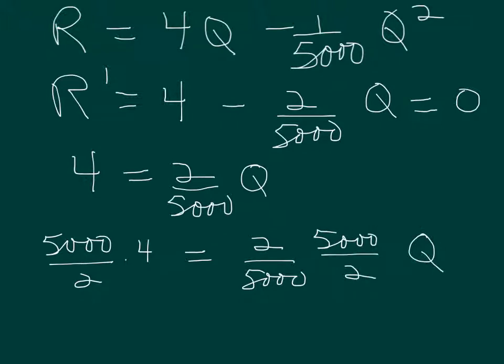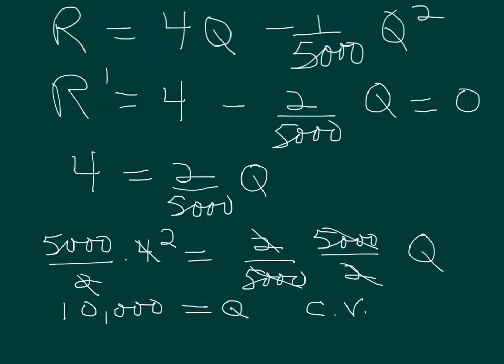The Q remains. On the right side, these numbers cancel, thus the coefficient of the Q is now 1, and I can cancel on the diagonal. So 2 times 5,000 is 10,000. 10,000 equals Q, and that is the critical value.